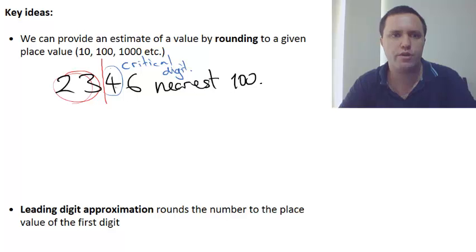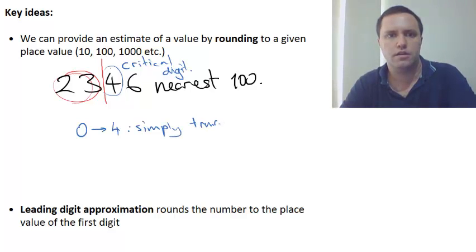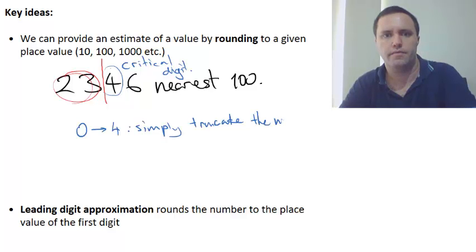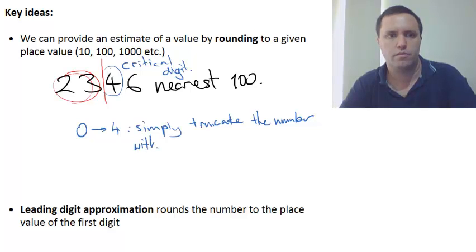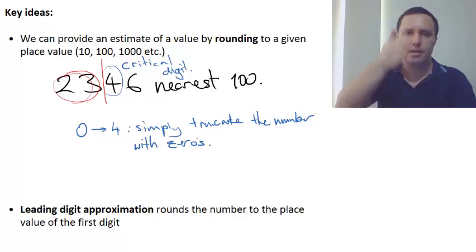Now if the critical digit is from 0 to 4, then we simply truncate the number with zeros. Truncate means just to chop off.